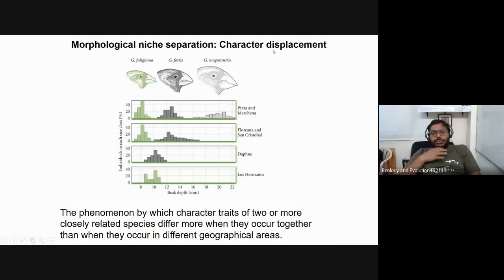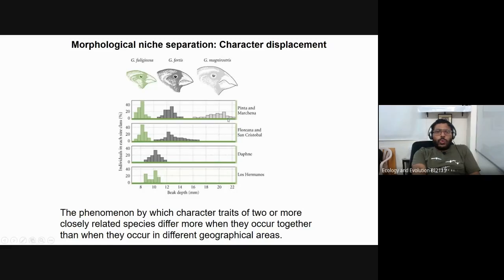This phenomenon is supposed to be a result of competition, due to which species end up changing their morphologies in such a way that, in this particular case, we know that these distributions have a direct mapping with what kind of resources they are able to tackle. So it is thought that in the case where all three of them are occurring together, this shifting has reduced the competition amongst these three by shifting their resource bases slightly.